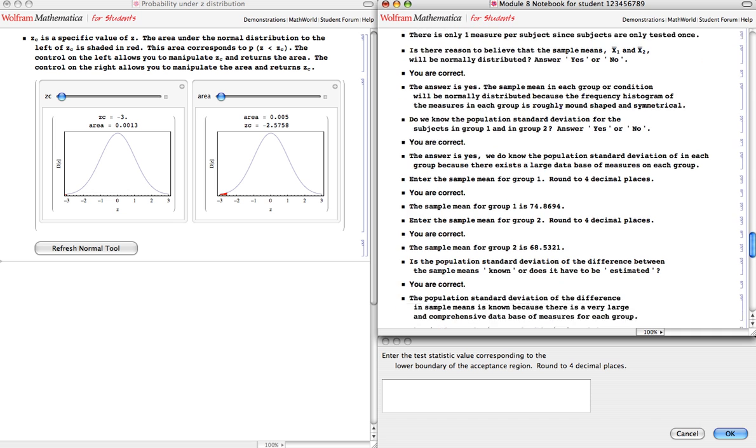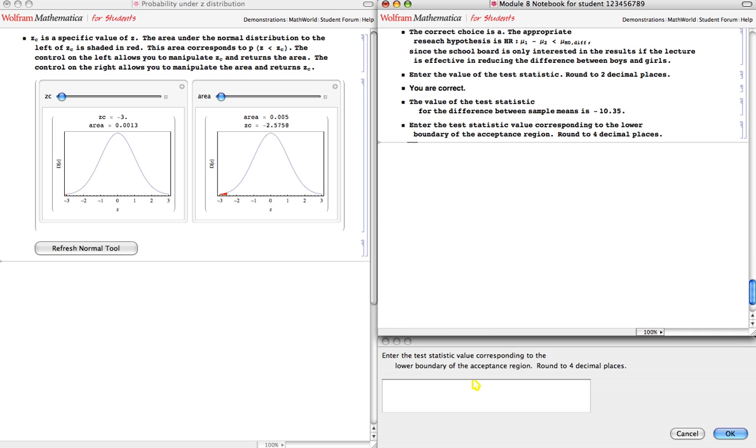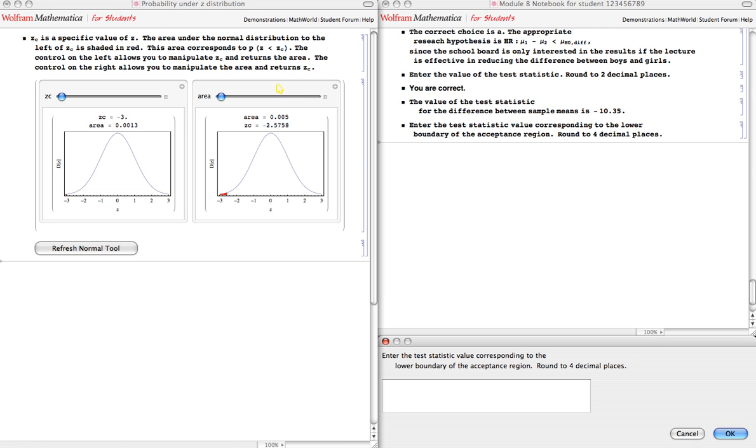Use alpha 0.01. Because of that, the lower boundary of my acceptance region corresponds to the z-score corresponding to an area, the shaded area, being 0.99.